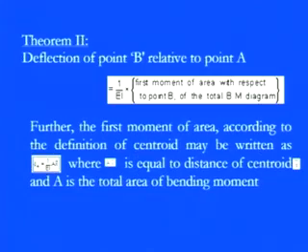Therefore, we are in a position to state the above condition in the form of a theorem: the deflection at any point, here we are taking point B, at a distance from point B in relation to point A, is equal to 1 by EI times the first moment of area with respect to point B of the bending moment diagram.